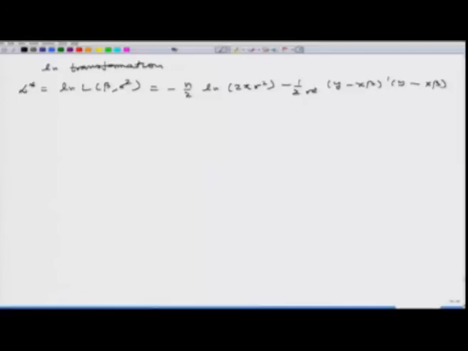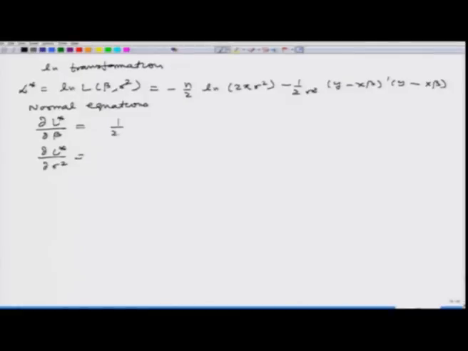this likelihood function is maximized. So, we obtain the normal equations by partially differentiating L star with respect to beta and with respect to sigma square.